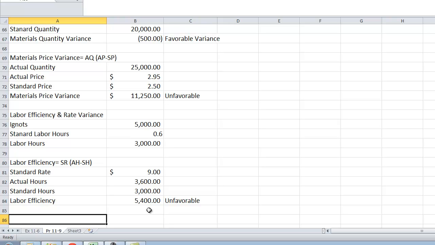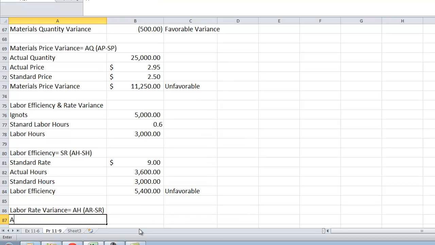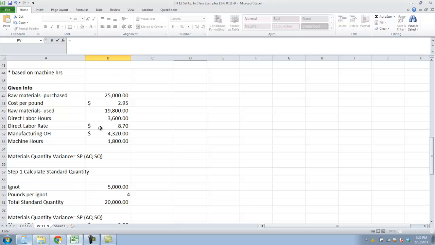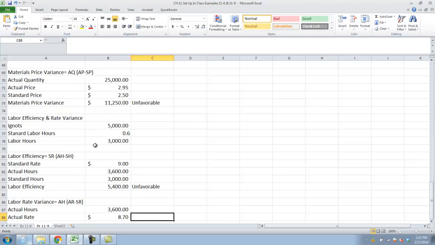Now, our labor rate variance equals actual hours times actual rate minus standard rate. Okay, so actual hours we had is 3,600. Our actual rate, direct labor rate, $8.70 given in the problem.